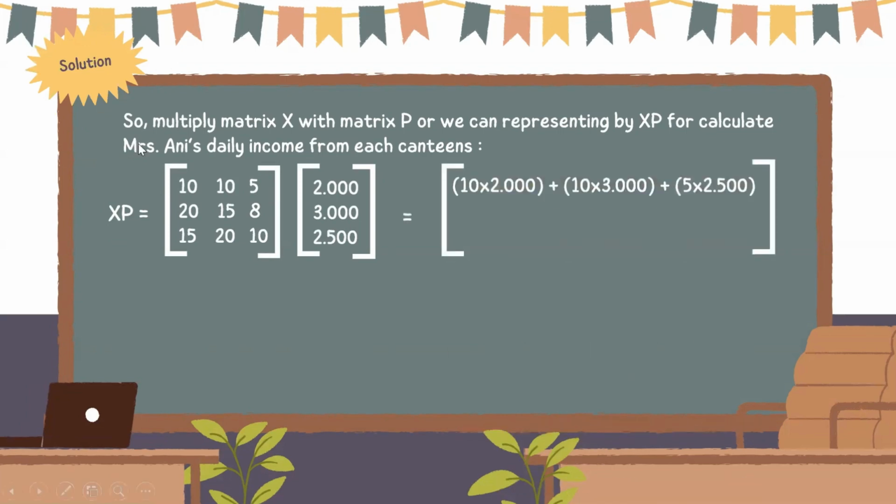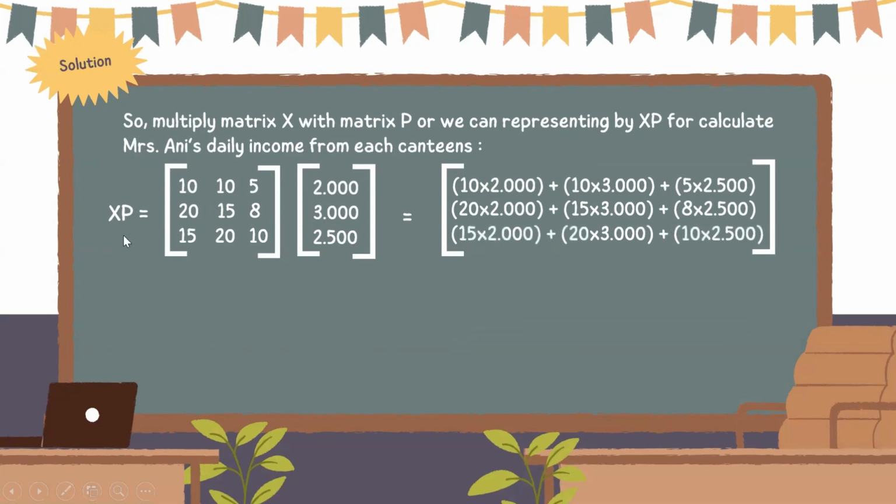First, 10 times 2,000 plus 10 times 3,000 plus 5 times 2,500 for the first row, and for the second row is 20 times 2,000 plus 15 times 3,000 plus 8 times 2,500. For the third row, 15 times 2,000 plus 20 times 3,000 plus 10 times 2,500.